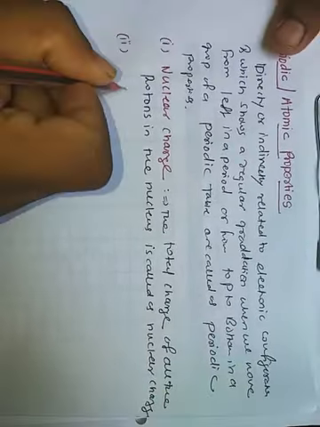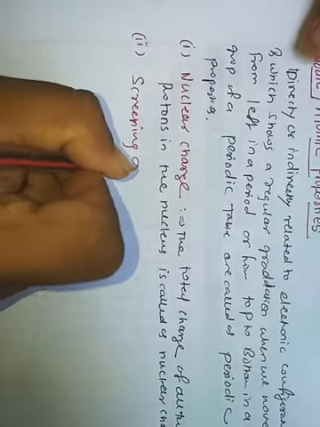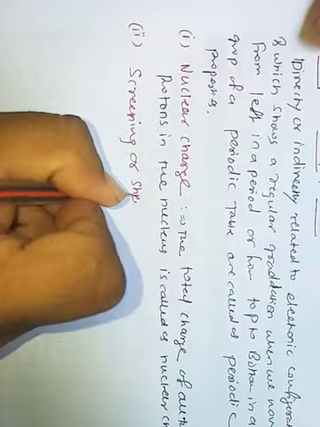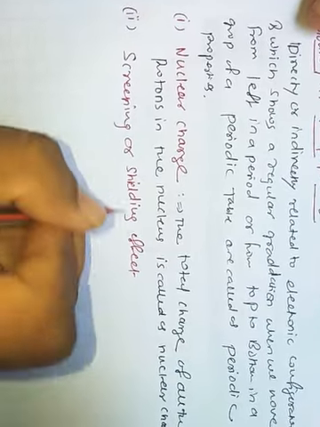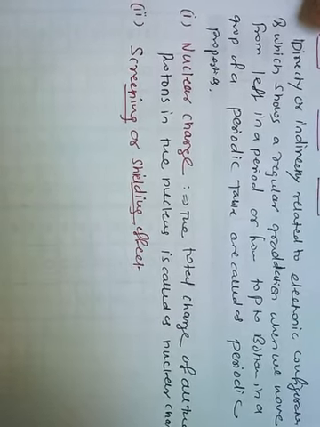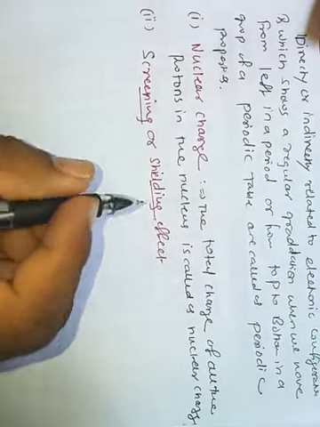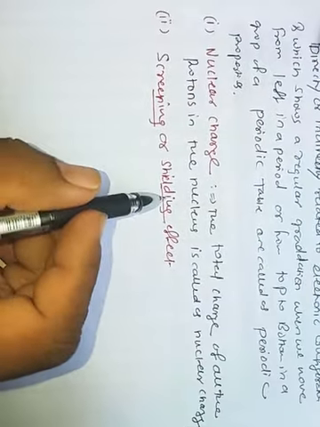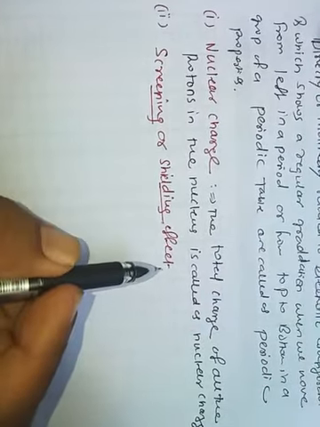Another factor, the second one, is the screening or shielding effect. Some electrons screen or shield the outermost electrons. The shielding effect refers to the decrease in the attraction between the electrons and the nucleus in an atom.